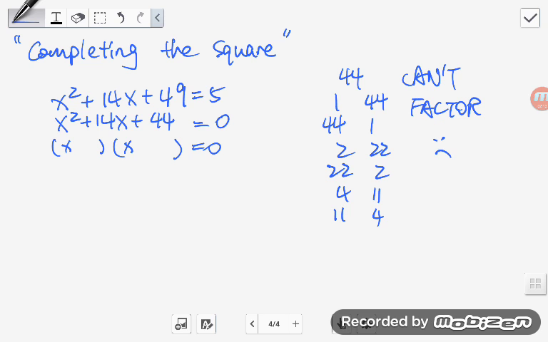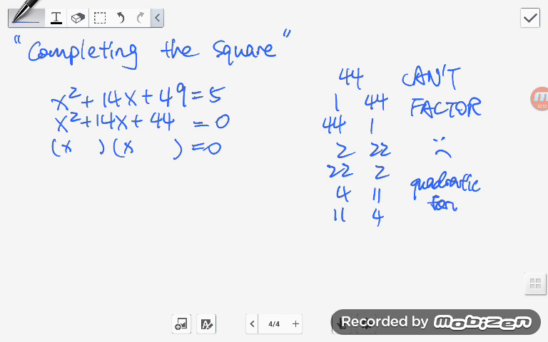If I can't factor it, it's not the end of the day. There are other ways we can still solve this quadratic equation. Some of you might have heard of the quadratic formula. You probably learned that back in Algebra 1.